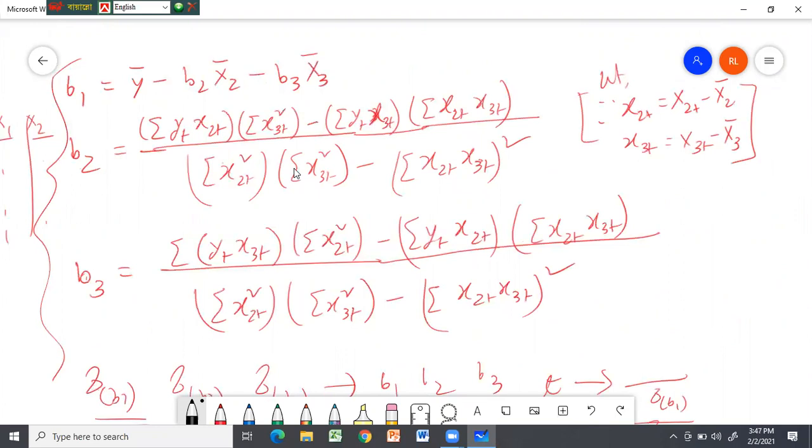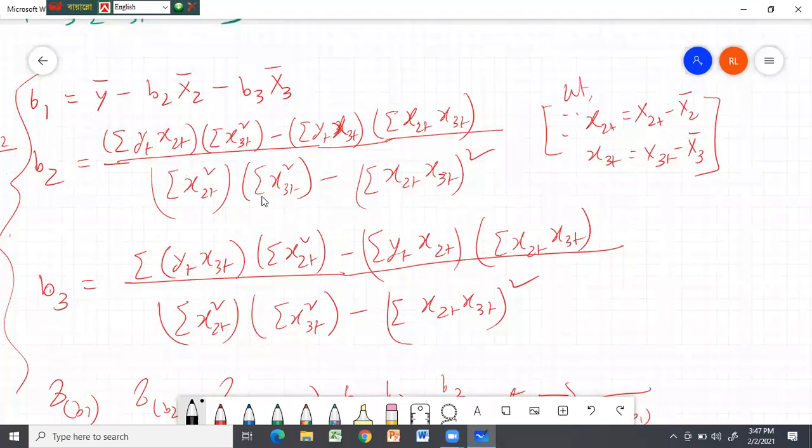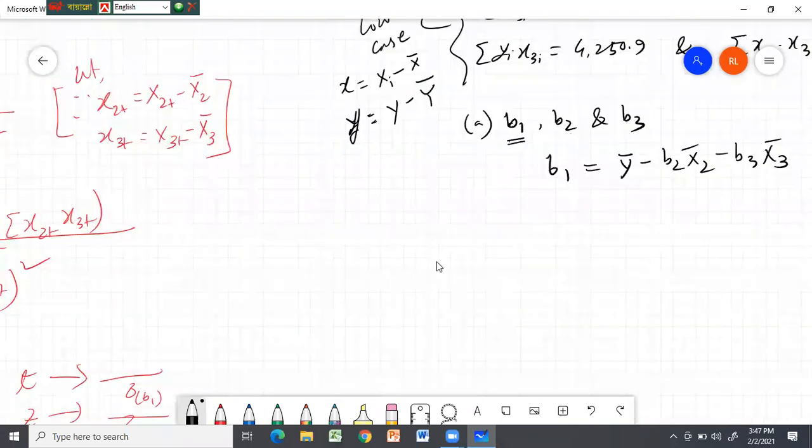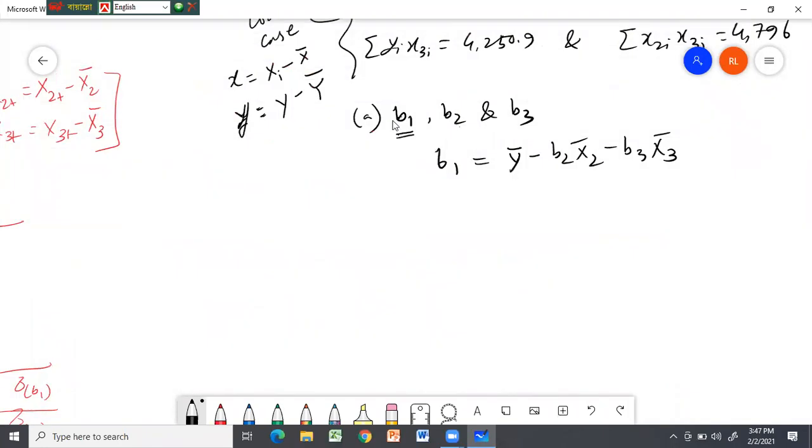And B2 equal to this, B3 equal to this. You have to just replace the information given in your question here, and then you will get your value of B1, B2, and B3.